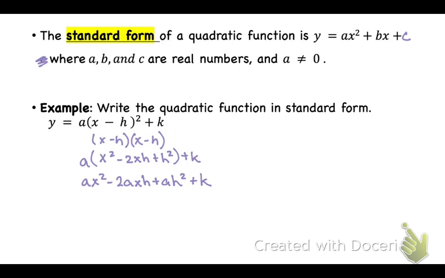So ah squared plus k combined would be c, because those would be numbers, right? There'd be no variable in there. And then I have negative 2ah, which would be b, and then you'd have your a.